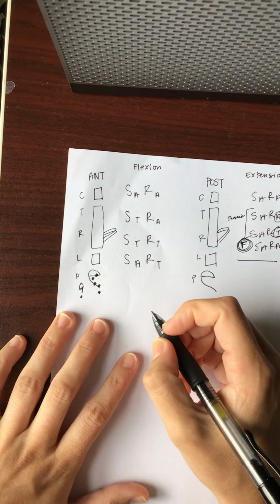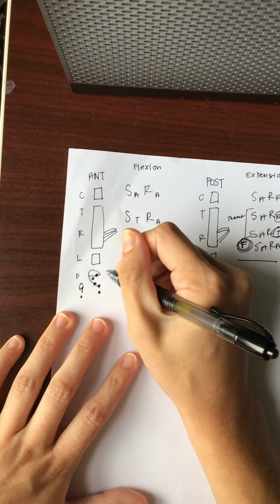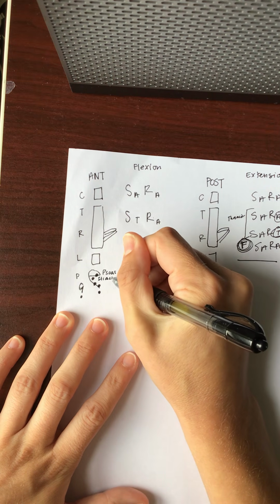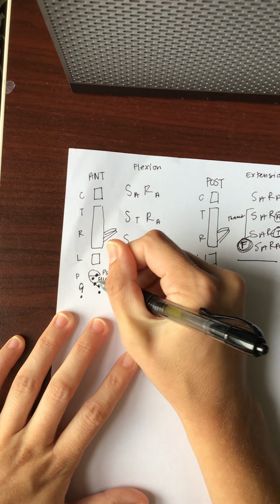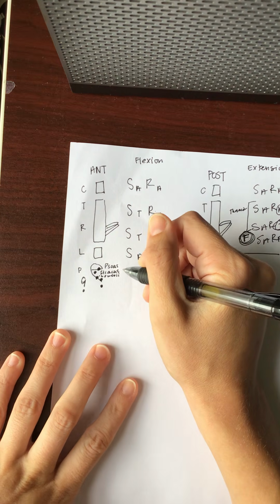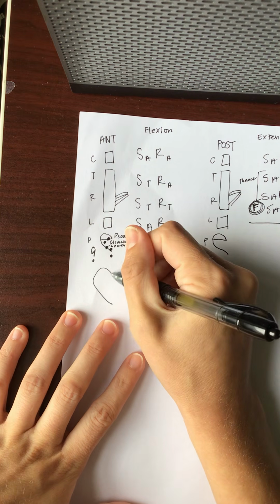So you're just going to have to memorize the order of these. It's psoas, iliacus. This one is, sorry, it's kind of small, lower ilium. And I'm actually going to do it bigger down here so you can see it better.